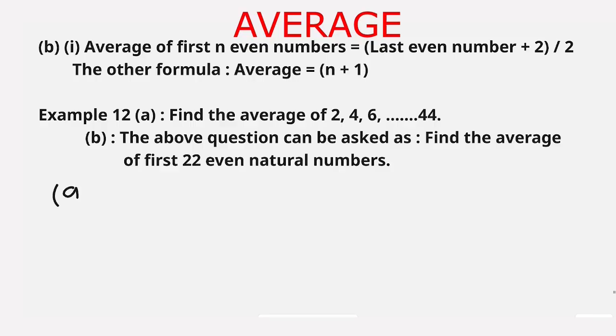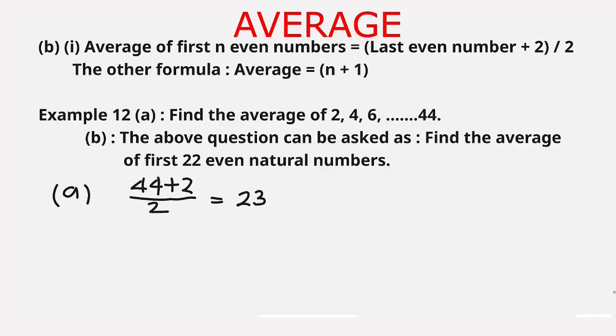In part A, the last even number is 44. So 44 plus 2 divided by 2. 44 plus 2 is 46 divided by 2 is 23. So the average of 2, 4, 6 up to 44 is 23.